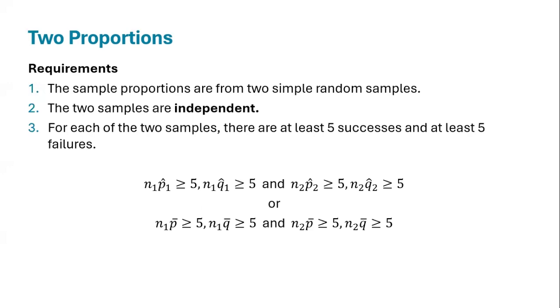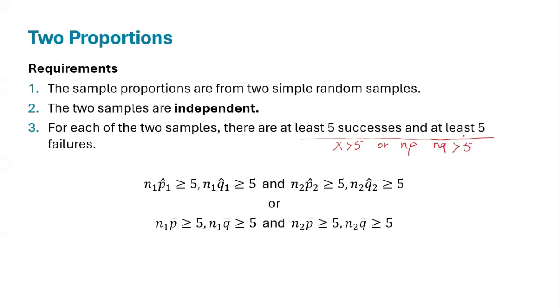These two requirements are exactly the same as the requirements when we work on a hypothesis test for population mean. And the third requirement is that we have to have at least 5 successes and 5 failures. That means X must be a number more than 5. Or instead of X, we can say N times P and N times Q must be more than 5.